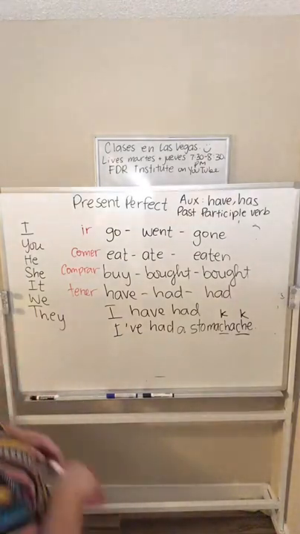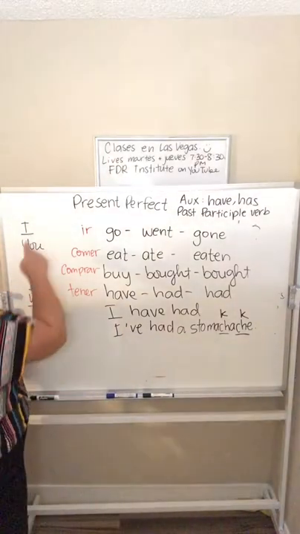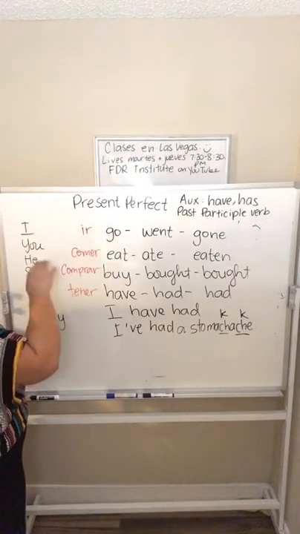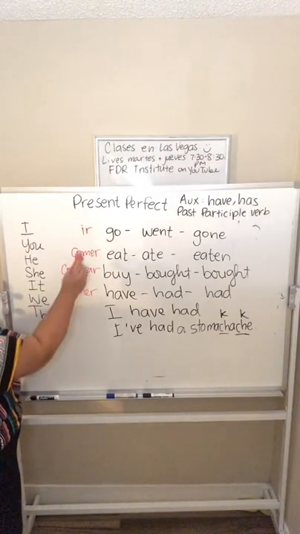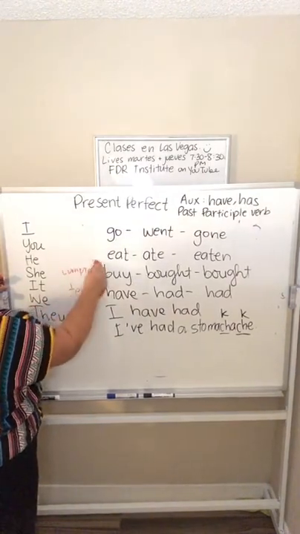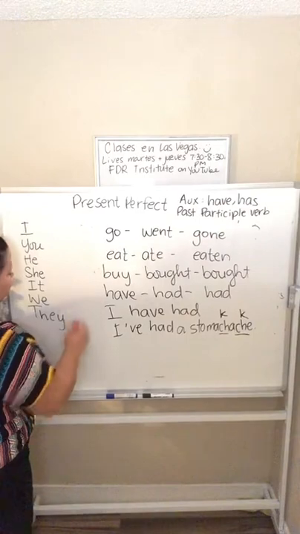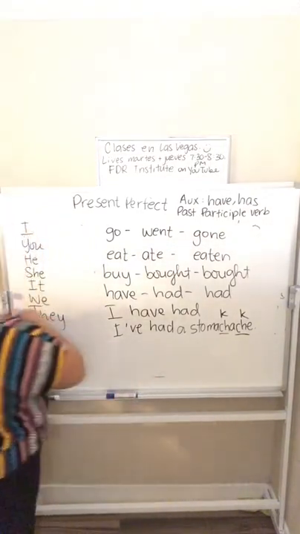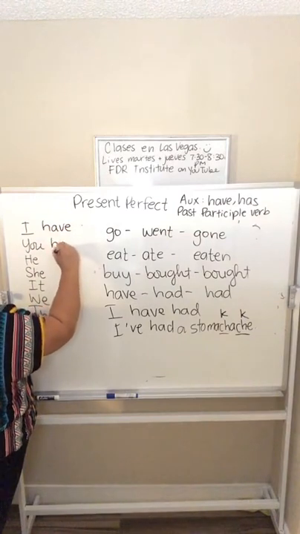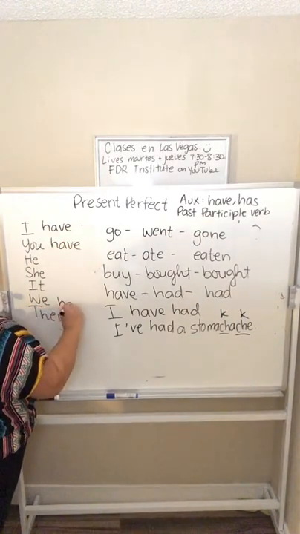So, let's review. Cuando queremos decir has, hemos, right? Voy a borrar esta parte de aquí, babies. Just this part. Okay. Let's put the auxiliary that we use. Si es yo, I have. Tú, you have. We have.